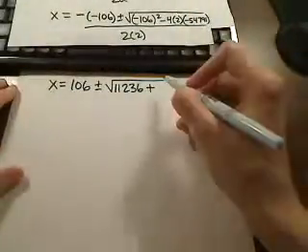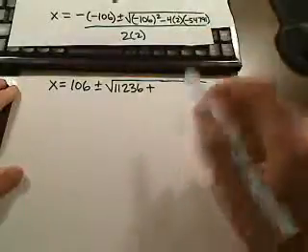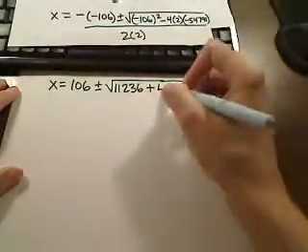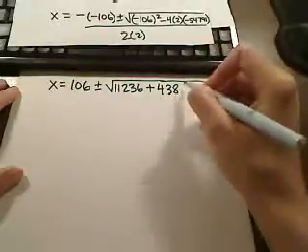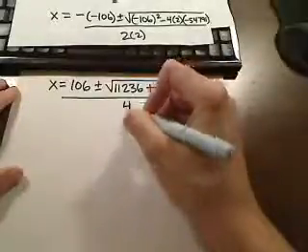And then right here, this is going to be a plus sign because we have two negatives. So we have 4 times 2 times the 54,791. So I get this really big number here. And this is all over 4.